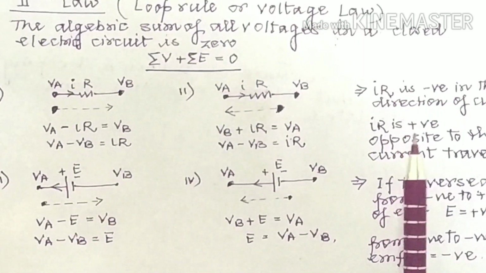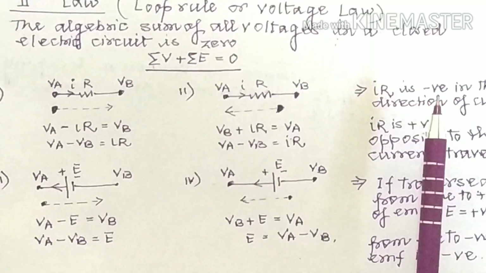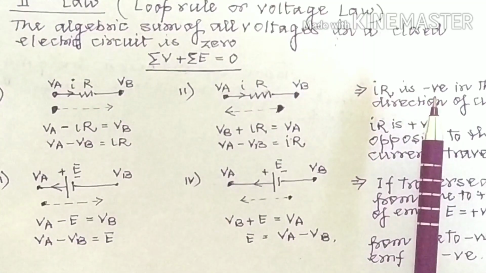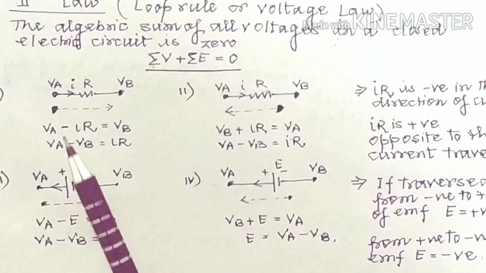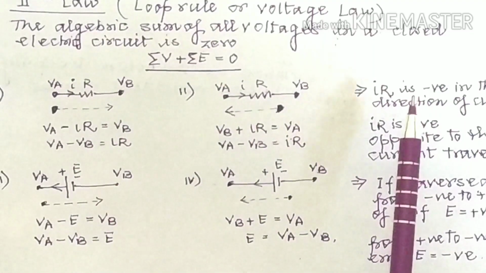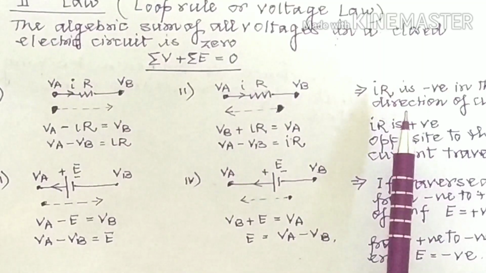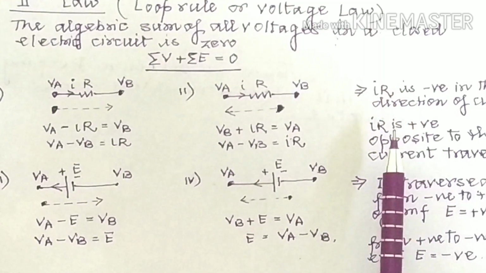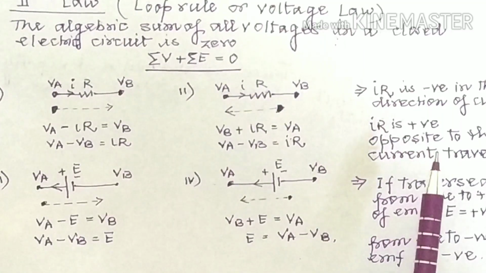Once again, to recapitulate: IR is negative if you are moving from VA to VB, that is, in the direction of current. Remember these points. IR will be taken as positive if you are moving opposite to the direction of current.